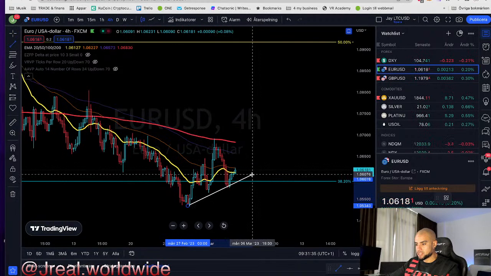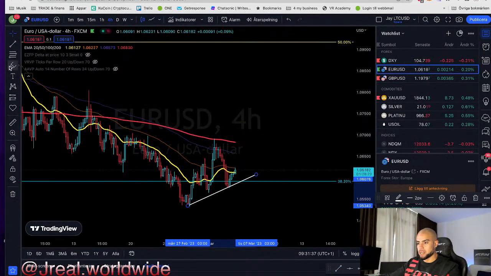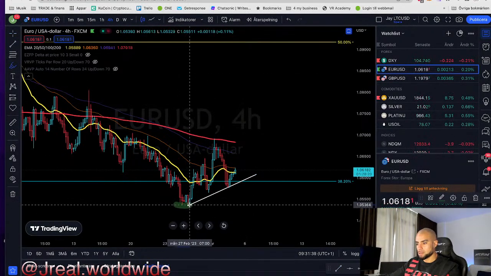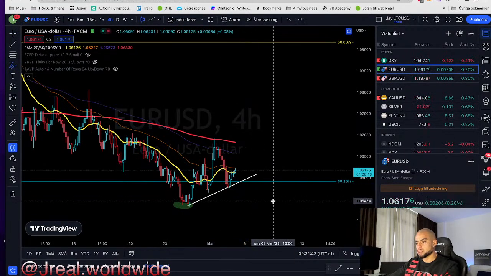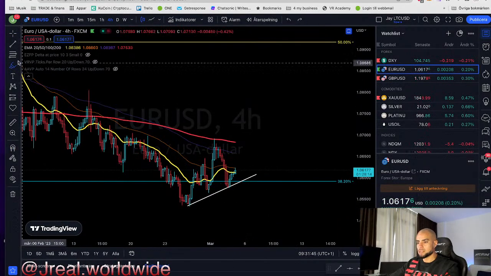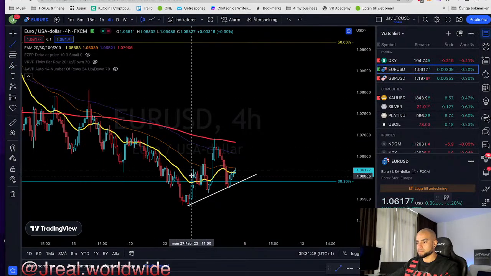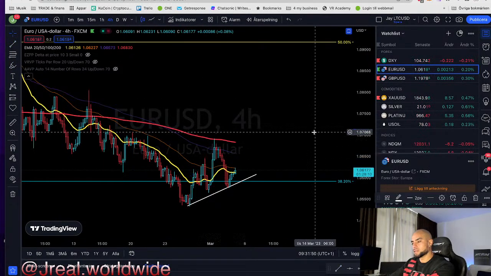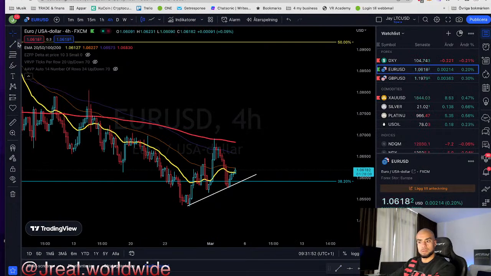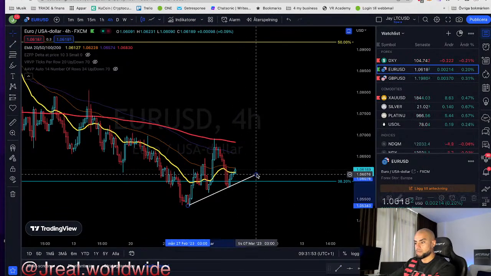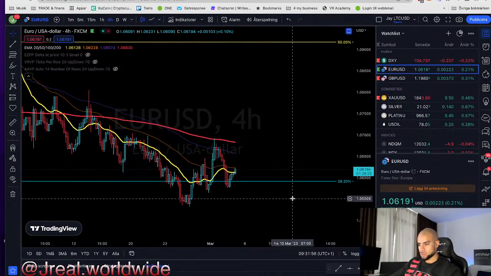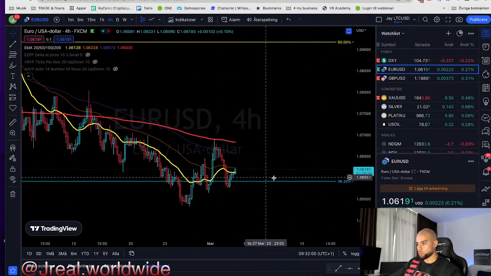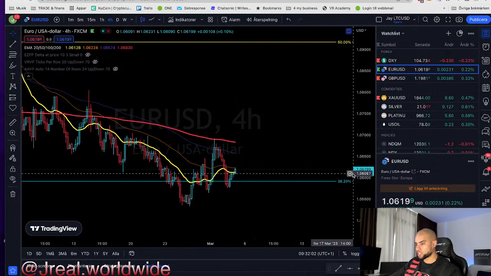But what I like about this is this. Every time it hit it, low, higher low, higher low. So we created a little uptrend there. All right. Same here. It's a little Elliott wave formation. We're in a correction right now. We did the correction, and the correction was against the 38.2 Fibonacci retracement.